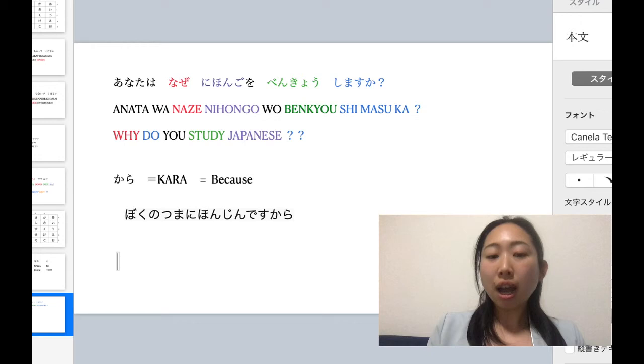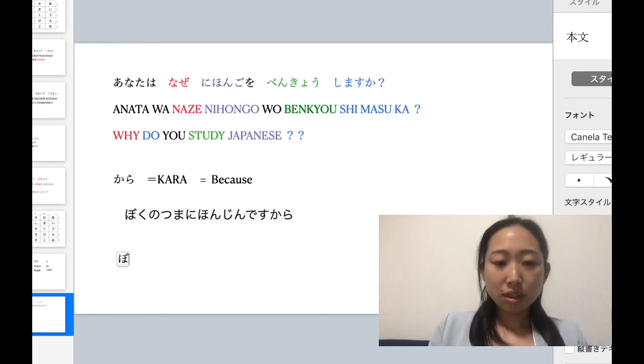So if you want to use kara, it's gonna be 僕の妻 then this is は.